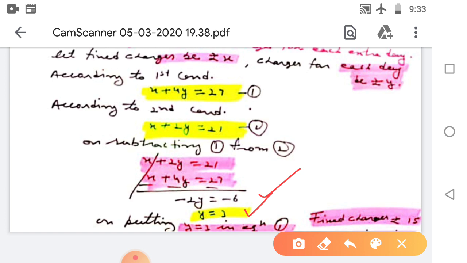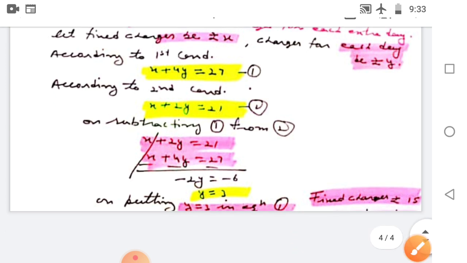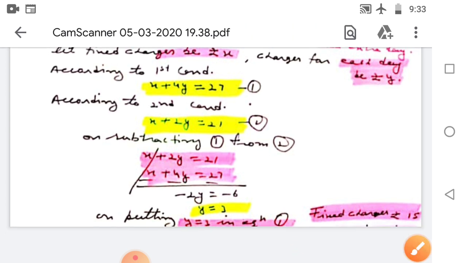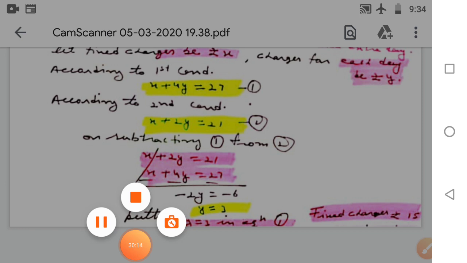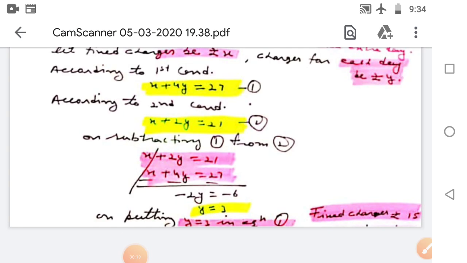On putting the value of y in equation 1, we get the value of x as 15 rupees. So the fixed charge is 15 rupees and the charge per day is 3 rupees per day. Okay, students, today we have done exercise 3.4. Thank you.